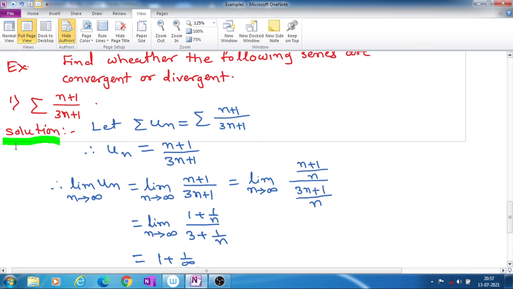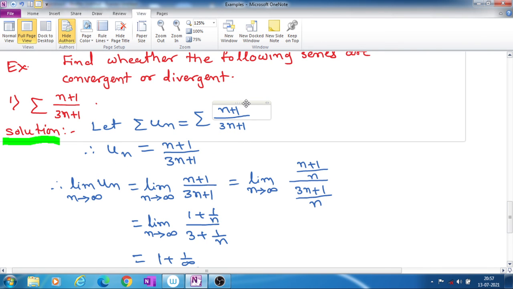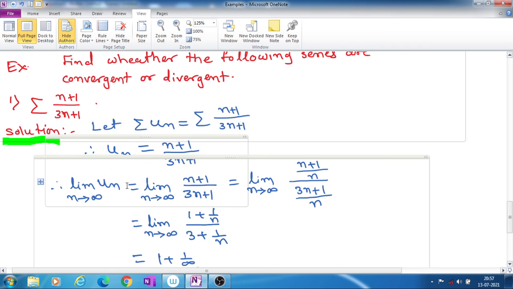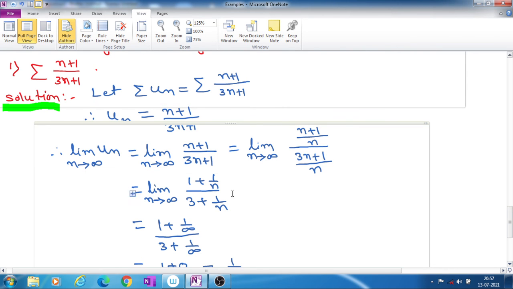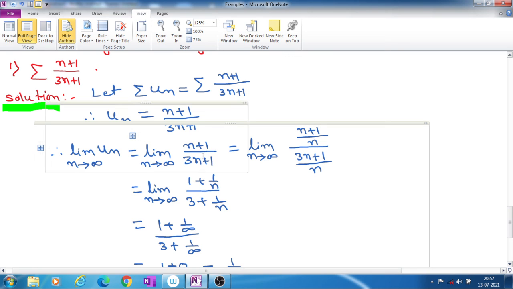Let us see the series with un equal to n plus 1 upon 3n plus 1. So summation un is equal to summation of n plus 1 upon 3n plus 1. Therefore the limit of un is equal to the limit of n plus 1 upon 3n plus 1.